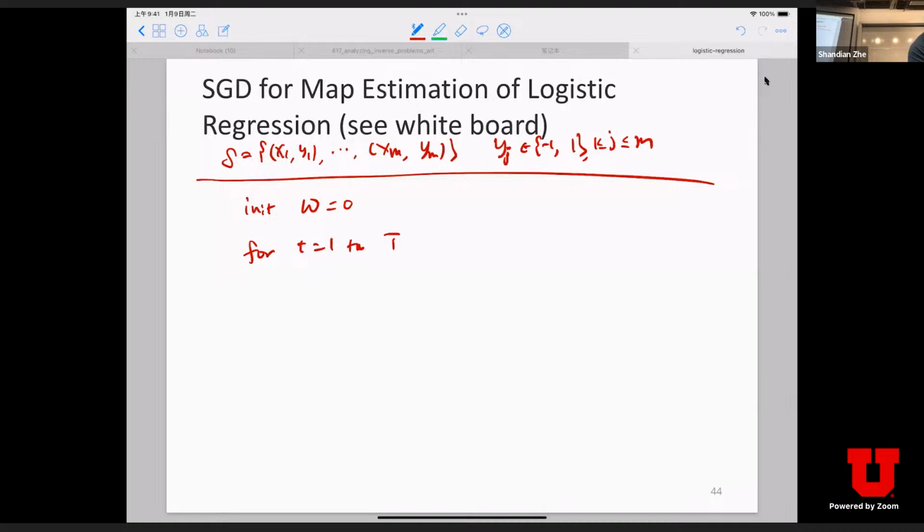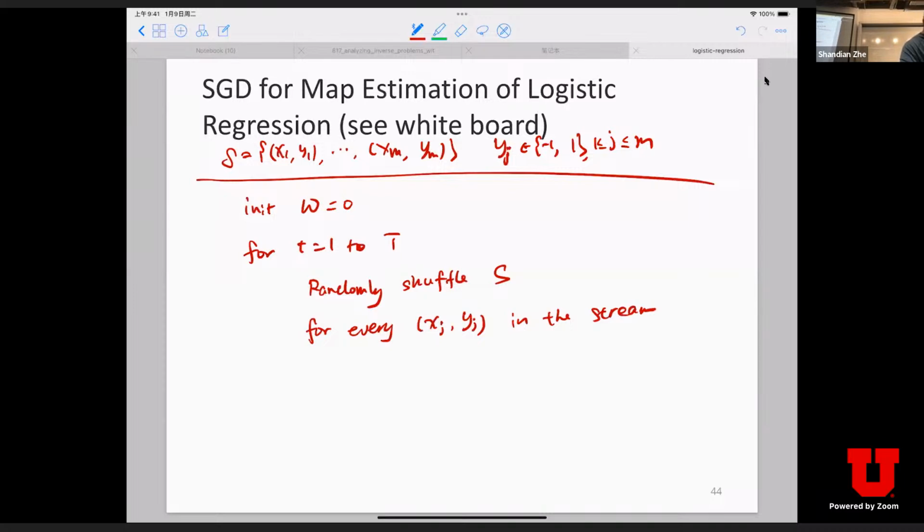Inside each epoch, you first randomly shuffle the data set S. Then you go through every example xj, yj in the stream. You shuffle them, then you stream your data set S according to that random order.